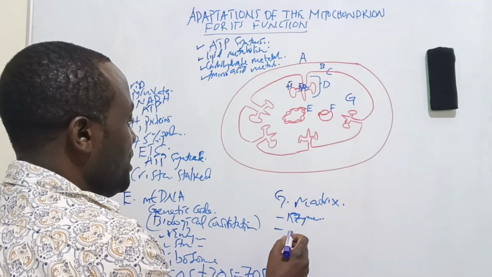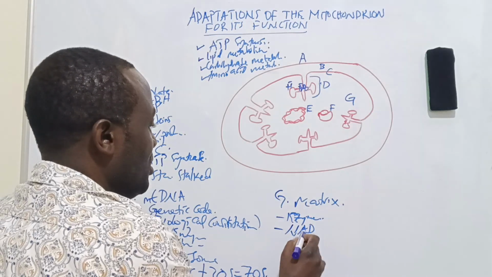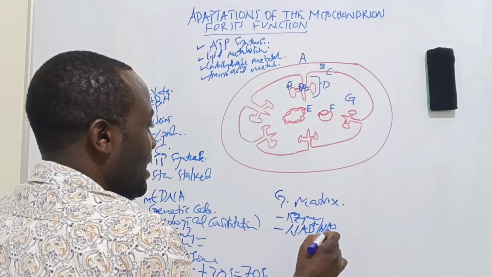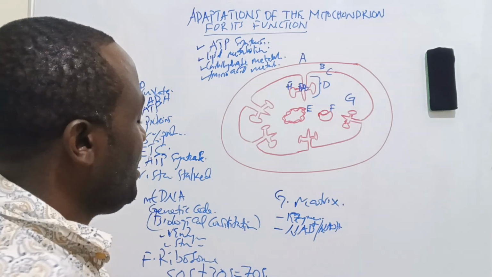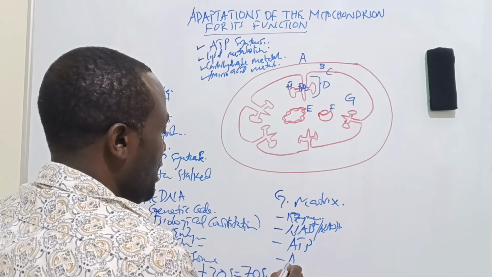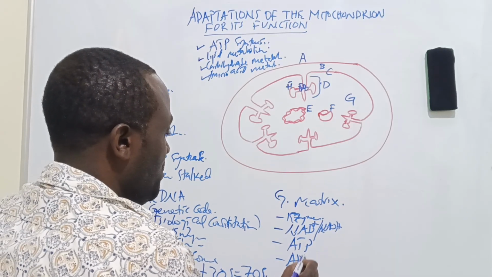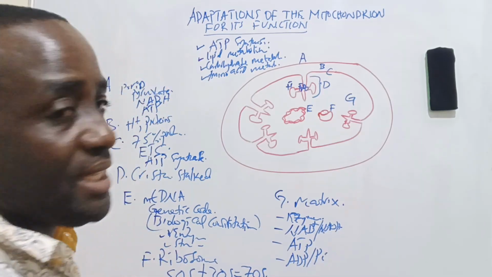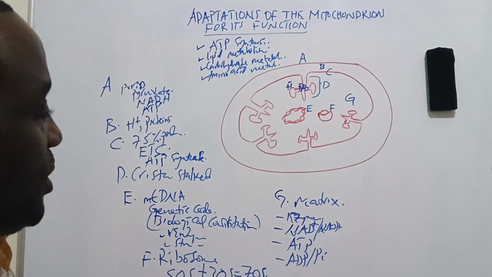It contains coenzymes such as NAD, both oxidized and reduced NAD. It contains ATP, it contains ADP, and it contains inorganic phosphates. They are highly located there.